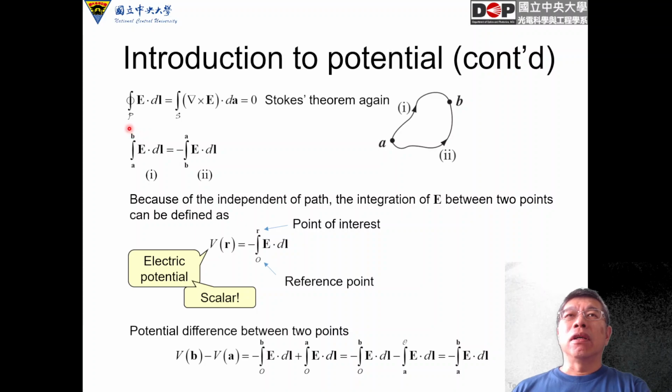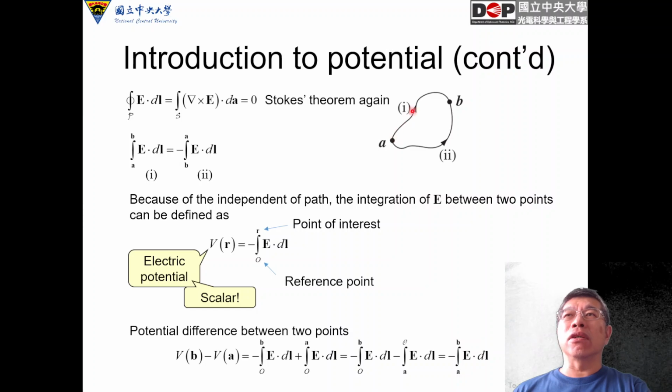Okay, so from earlier, we know the path integral over a closed loop of the electric field will be zero. With that, we can use Stokes' theorem to say the integral of the curl of the electric field over the area will be zero. This is from Stokes' theorem.